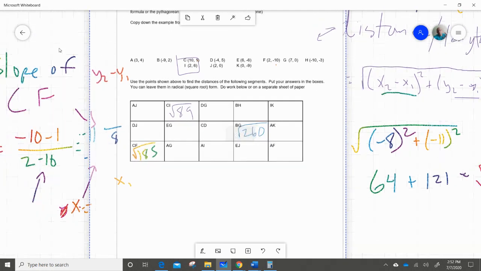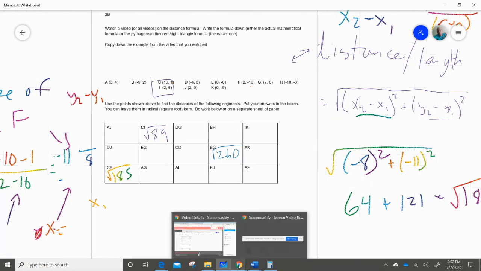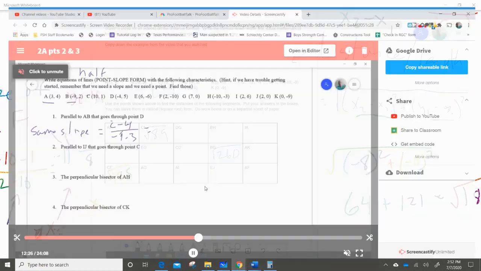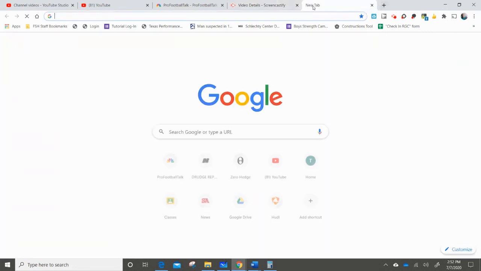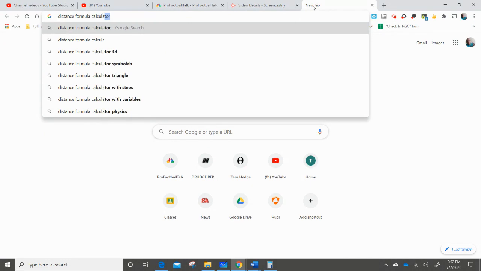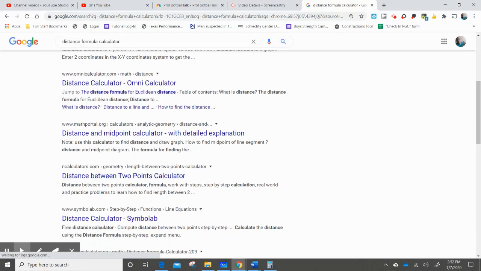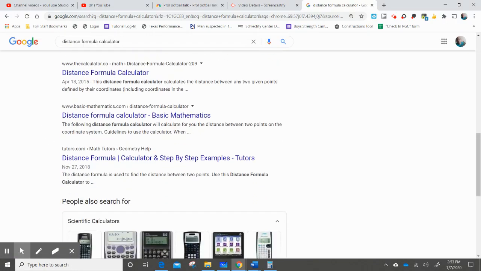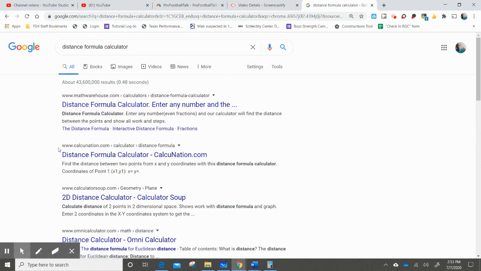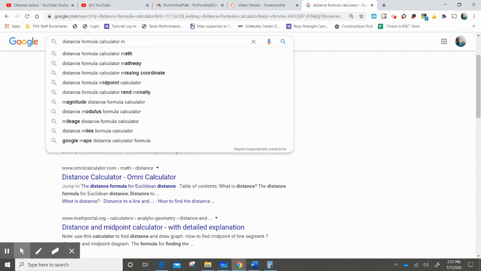I'm also going to put a formula up here so we can check our work. If we go up to Google and type in distance formula calculator, there's a couple of them we can use.